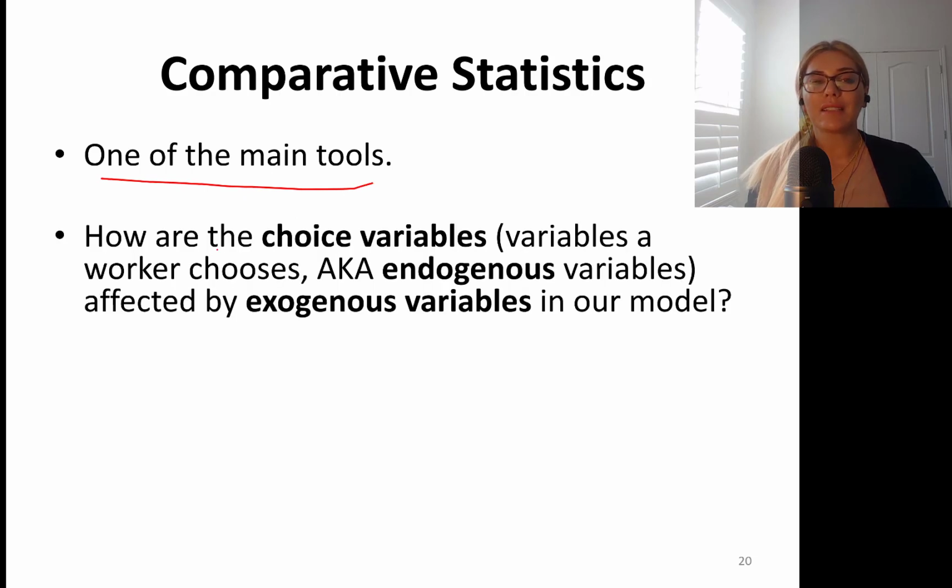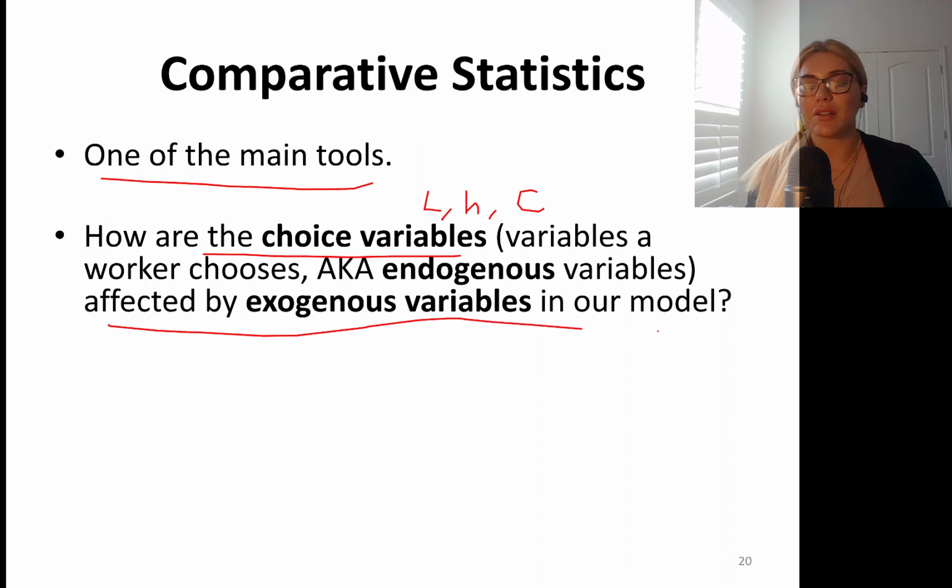Okay, we basically look at how the choice variables a worker chooses, which are your leisure time, hours, and consumption, which you determine, also called endogenous variables, are affected by exogenous variables in our model. Exogenous variables are those that are given to us. We can't change them.